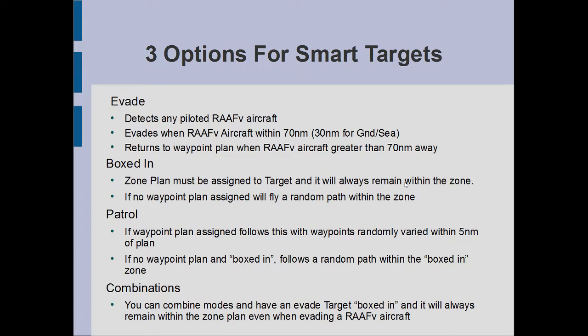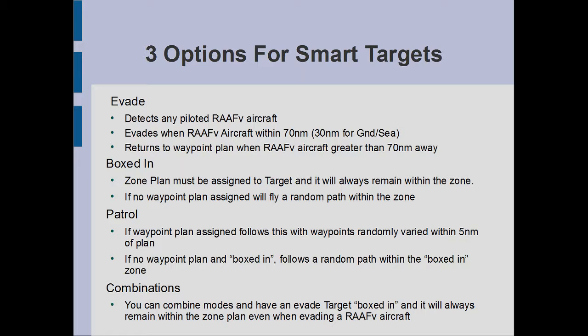With smart targets, there are three options you can choose, as you'll see shortly when we look at the user interface. There's an evade mode. When selected, the target will detect any other piloted RAF-V aircraft within range, and it will automatically evade that aircraft when the aircraft gets within 70 nautical miles.